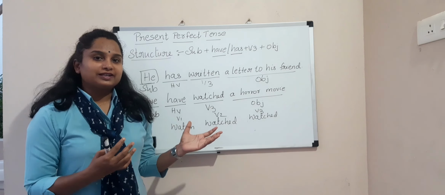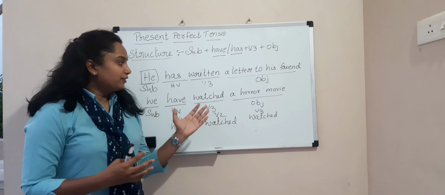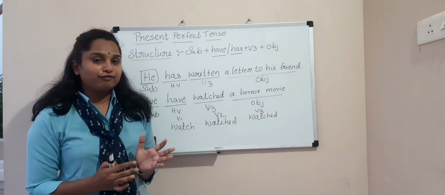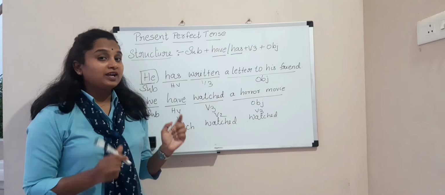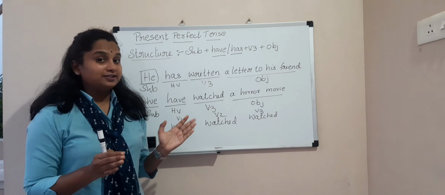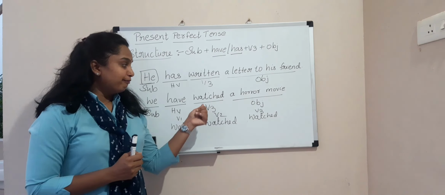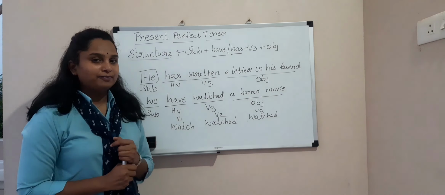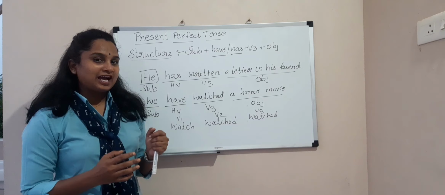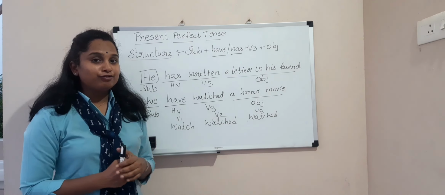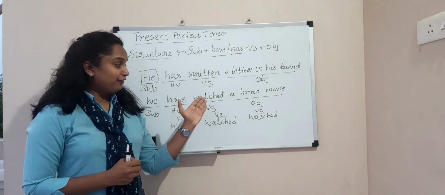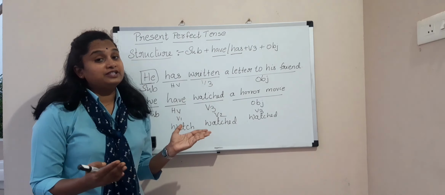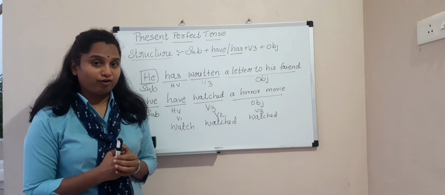Whenever you look at a sentence, when you have a doubt whether it is verb third form or verb second form, have a look at the helping verb before the main verb. So, if you have helping verbs have or has depending on the pronoun, then if we have the verb, it is verb third form.